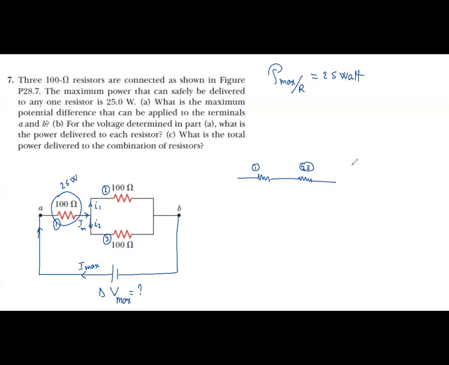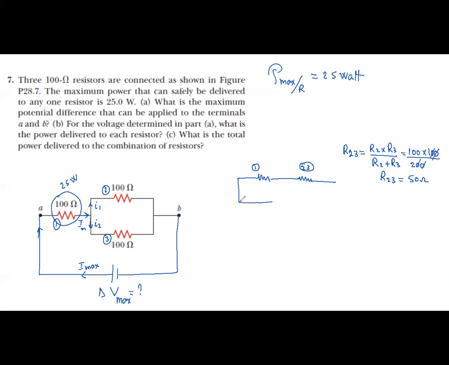R equivalent 2,3 is a parallel resistance, equal to R2 times R3 divided by R2 plus R3, which is 100 times 100 divided by 200. So R equivalent 2,3 equals 50 ohm.